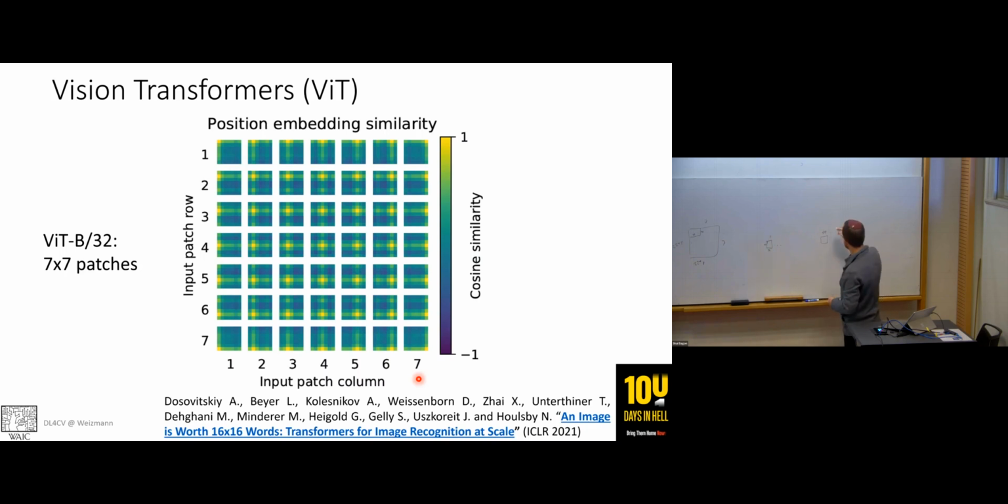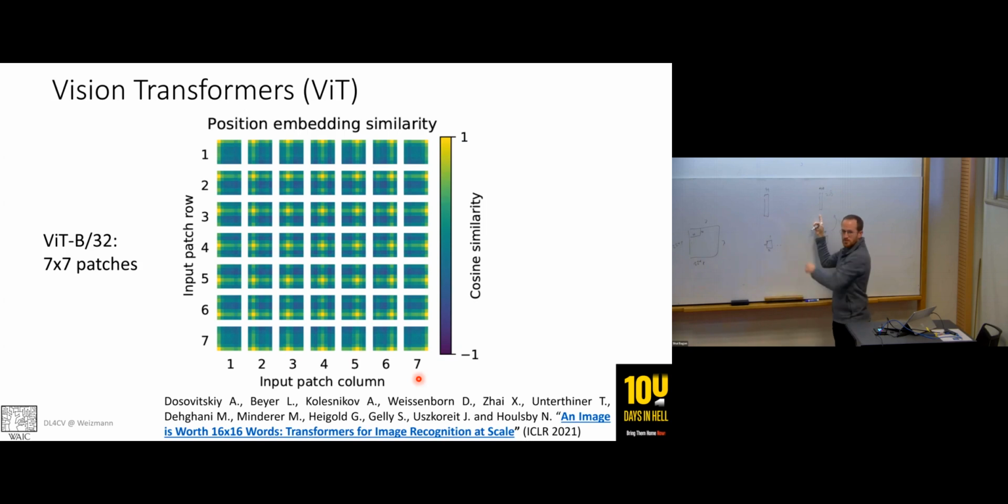Okay, and we have these projections that we saw before, these nice edges and things like that. So each of these is embedded into a vector of dimension 768. So we have 49 of them.